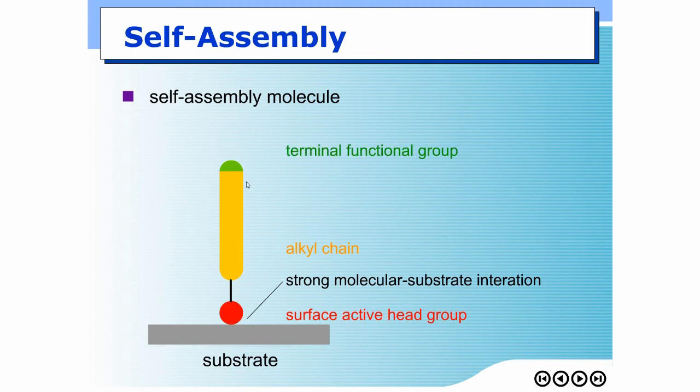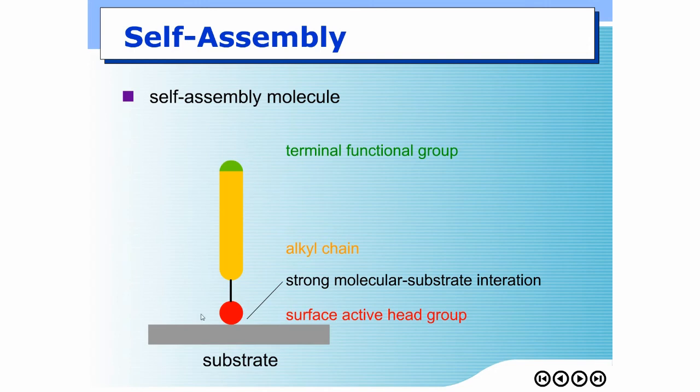At the end, you need termination functional groups. If you want a multilayer film, this termination functional group should allow the reaction of the next layer. But if you want a single monolayer of the film, then this termination group would prevent further growth of the film.